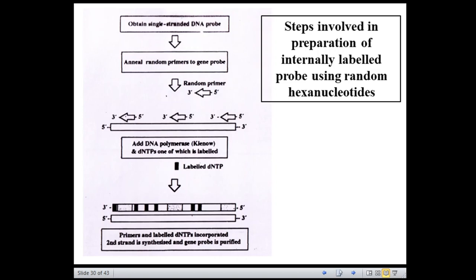So when the Klenow enzyme is mixed with the unlabeled DNA sample in the presence of dNTPs, which must include at least one dNTP to be labeled, many short stretches of labeled DNA will be generated. In a similar way to random primer labeling, we have the polymerase chain reaction. Even this PCR may also be used to incorporate radioactive or non-radioactive labels.